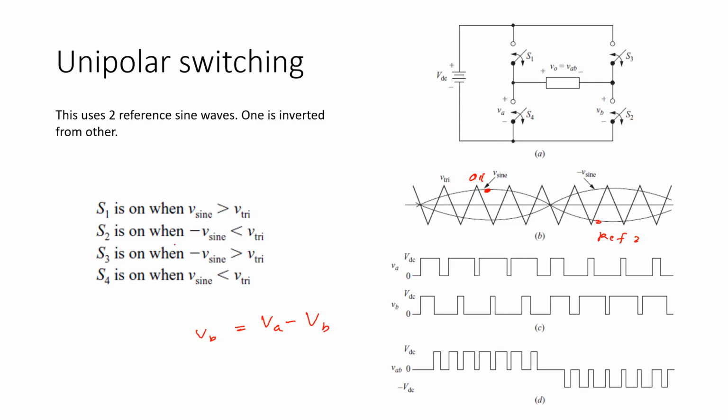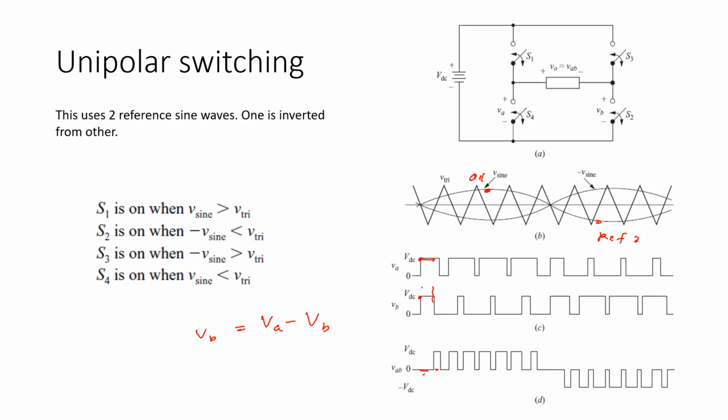Your switching conditions will differ by a bit, and you will finally achieve something like this. In here, this is VDC, this is VDC, so our voltage will be 0 through this portion, because we are taking VA minus VB. But in here, this one remains, but this one drops, so our voltage will be something like this.